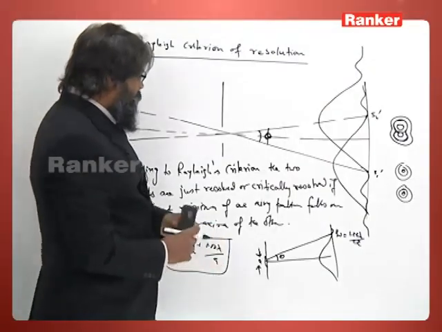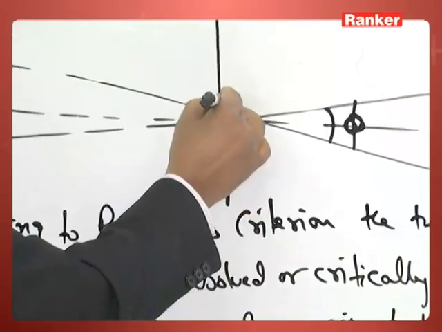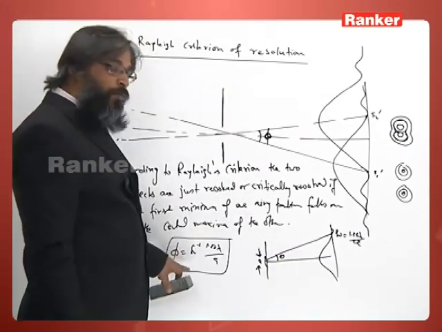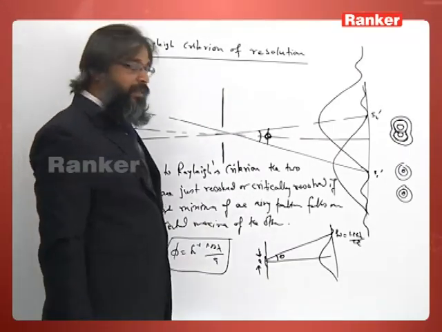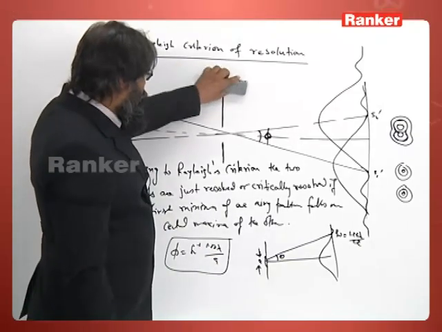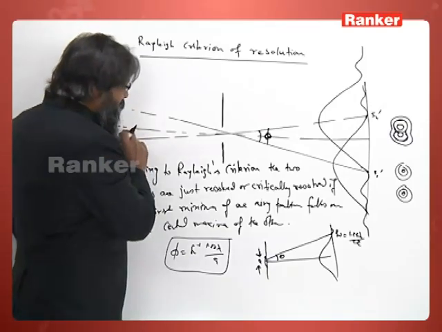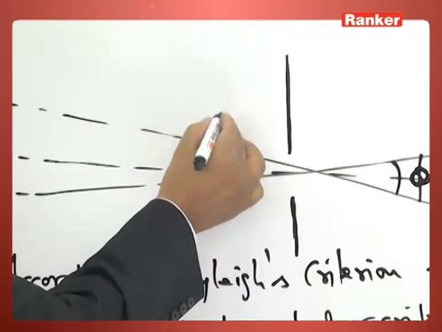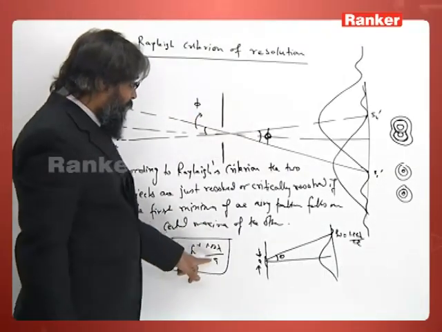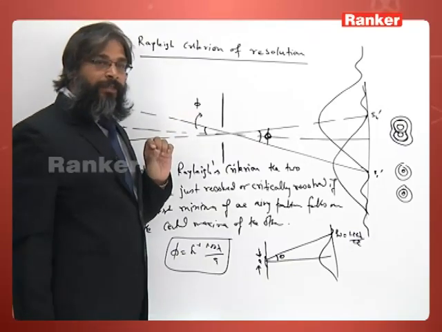So this diffracting aperture has a resolving power of phi equal to sin inverse 1.22 lambda by A. That means two objects which subtend an angle phi equal to sin inverse 1.22 lambda by A are just resolved by this instrument.